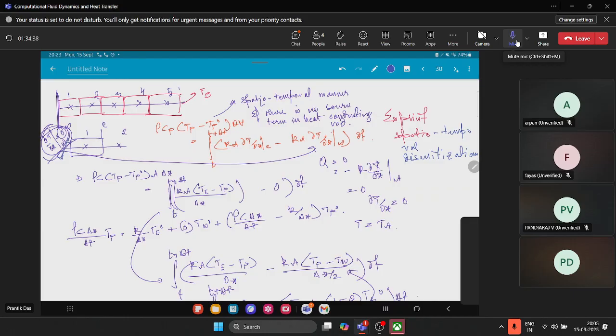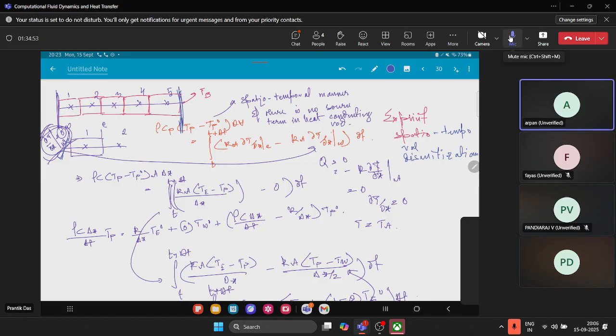And at the other side of the rod, you actually have Tb, which is a constant temperature boundary. Is it clear to all of you?